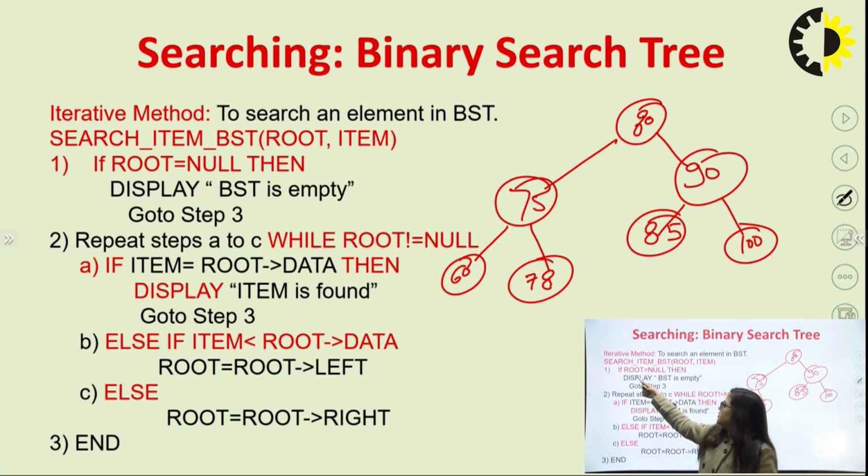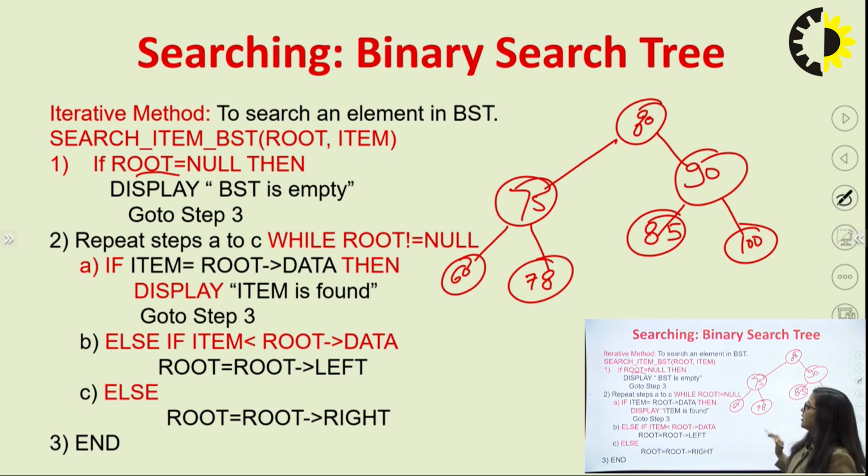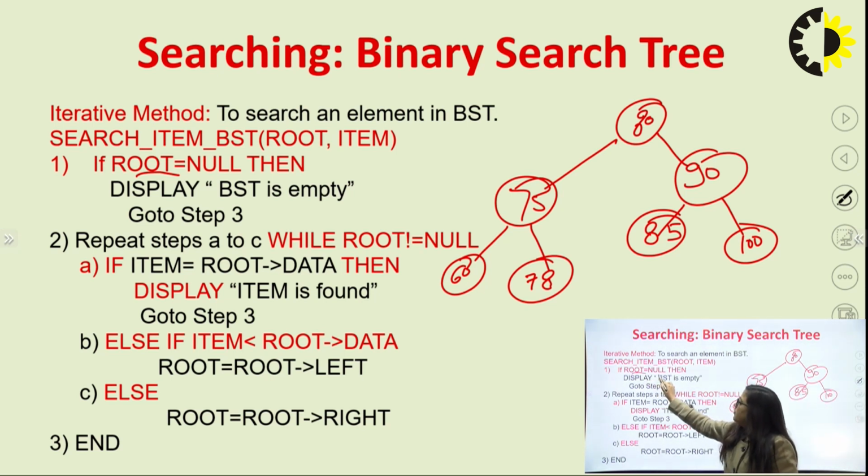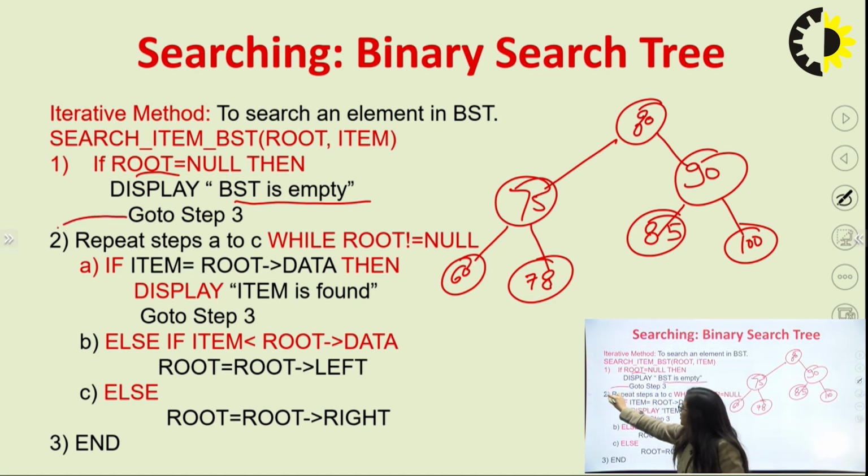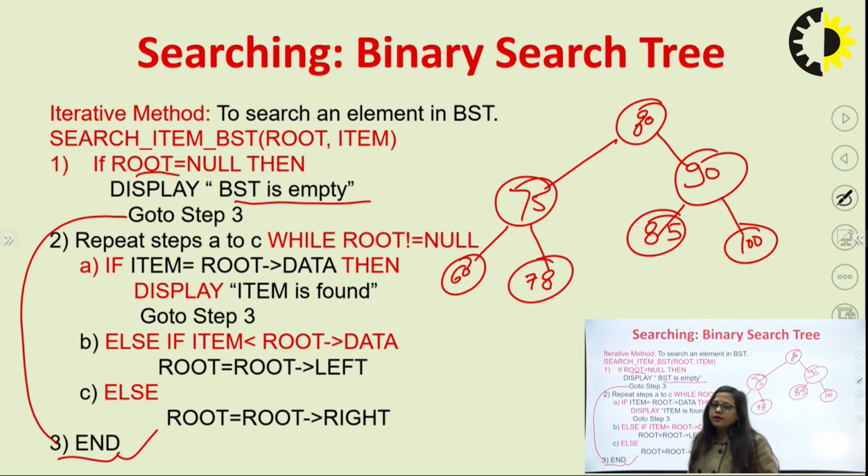The first condition is: if root equals null, then the output is that the BST is empty. Then go to step 3. Step 3 is end. Your searching operation will end.